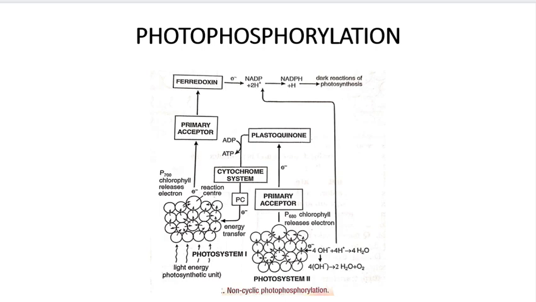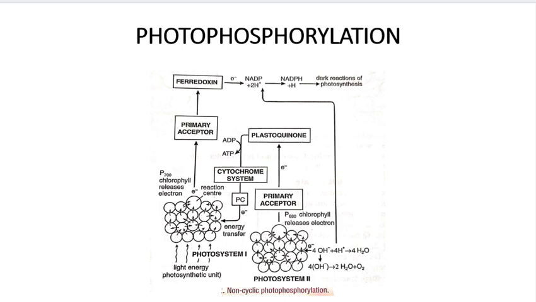Now here what happens is that in photosystem 2, photolysis of water has occurred, and hydrogen from 4 molecules of water has been released and is used to reduce NADP to NADPH. So you have reduced NADPH that is further utilized in the dark reaction of photosynthesis.